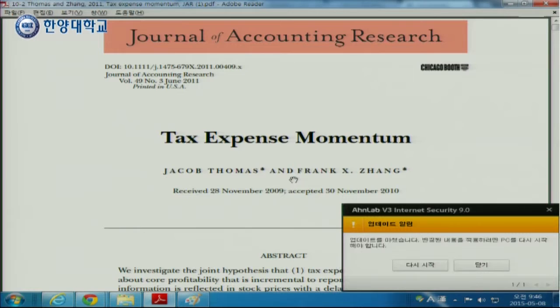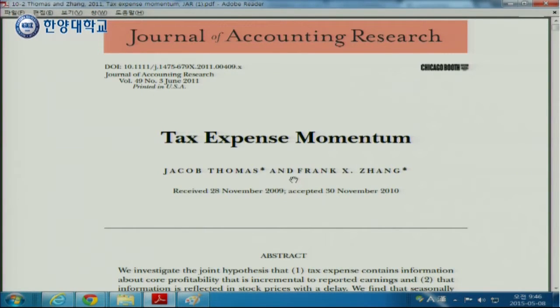Again, what is the key message of this paper? The key message is that tax expense surprise, or tax expense, contains information. A lot of information actually. It can contain two sorts of information roughly. It contains information that earnings include, and then another extra information that earnings surprise doesn't include, right?